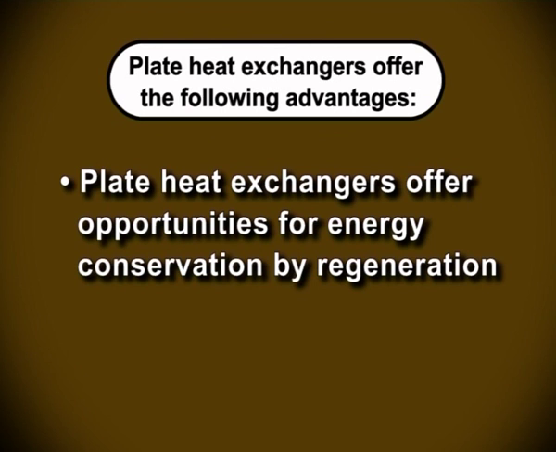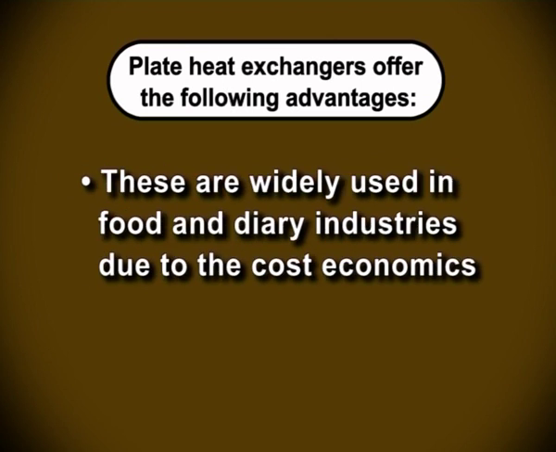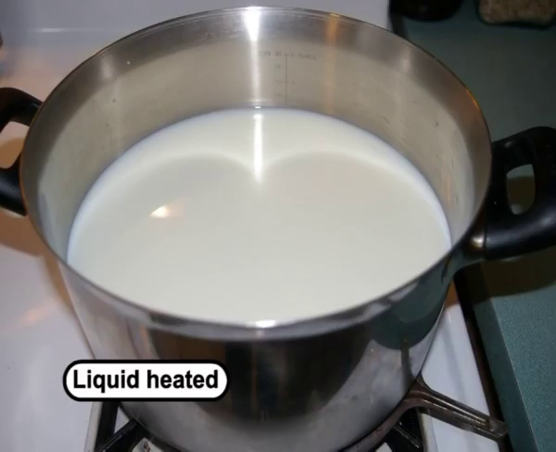Plate heat exchangers offer opportunities for energy conservation by regeneration. These are widely used in food and dairy industries due to the cost economics. As shown in the simple schematic in the figure, a liquid is heated to pasteurization or other desired temperature in the heating section.